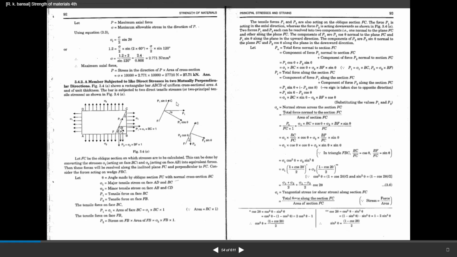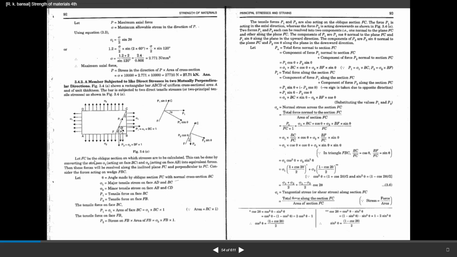See the diagram for resolving along the x-axis and y-axis directions. In this right angle triangle, P1 equal to sigma 1 into BC into 1 and P2 equal to sigma 2 into BF into 1.